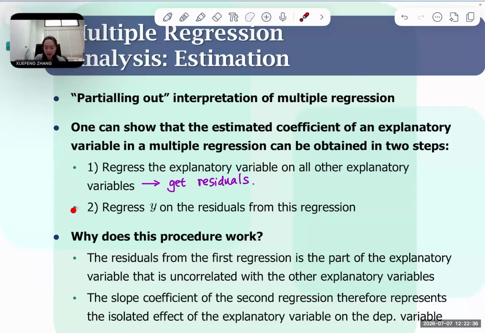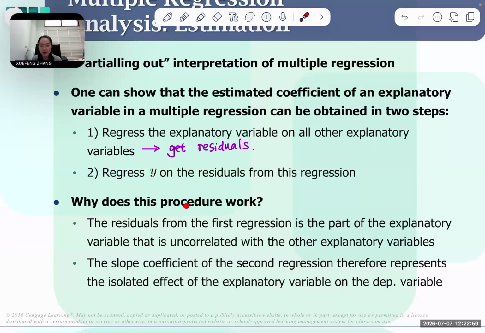Step 2: we regress y on the residuals from step 1. The slope you get is exactly the same beta 1 you would get from running the full multiple regression at once. So why does this procedure work?